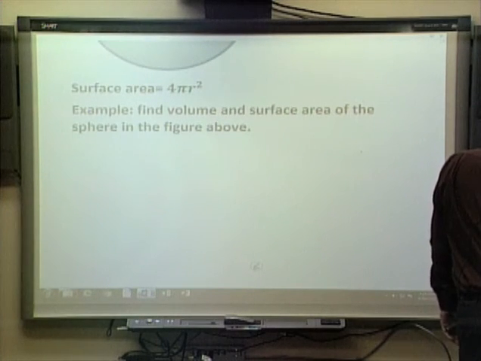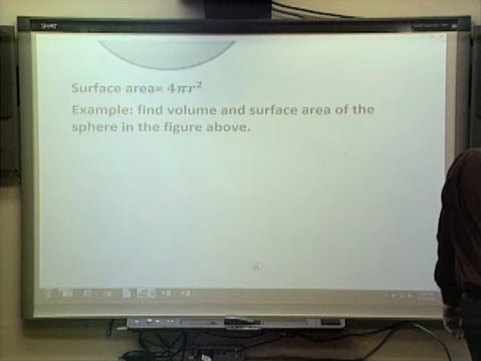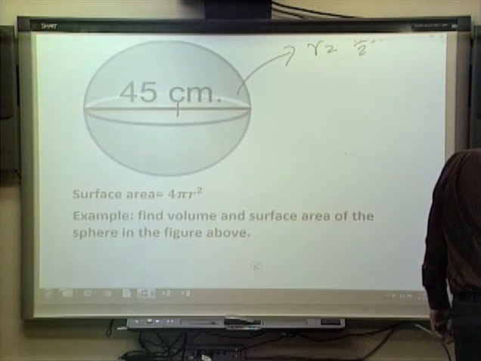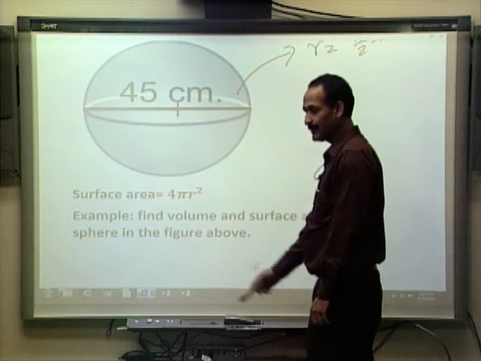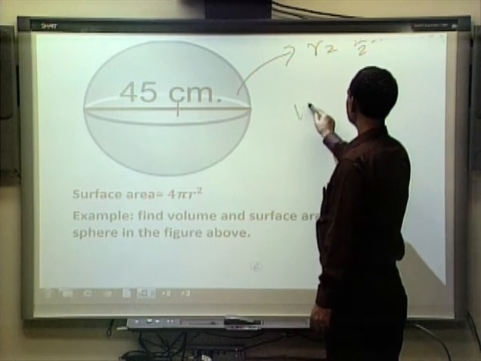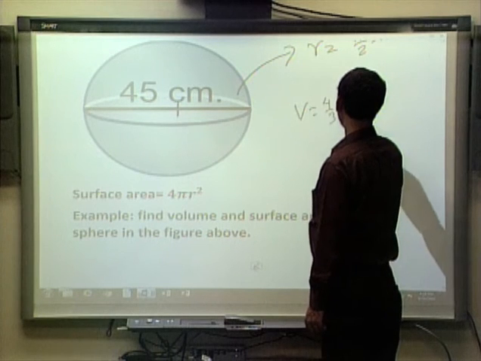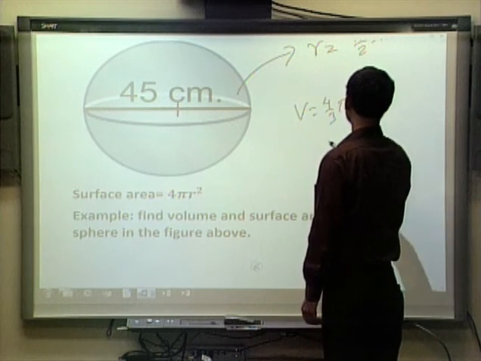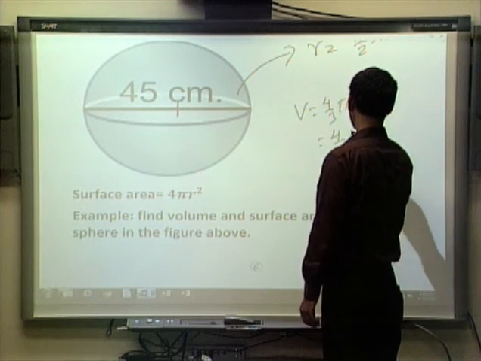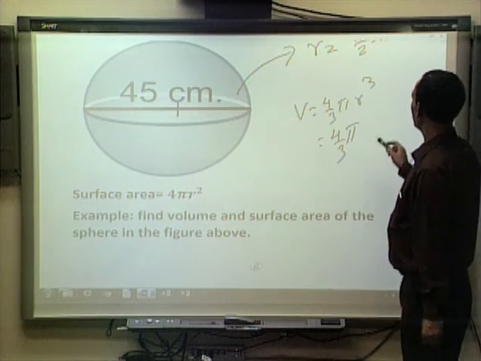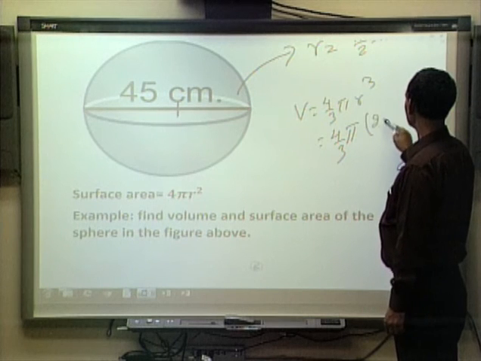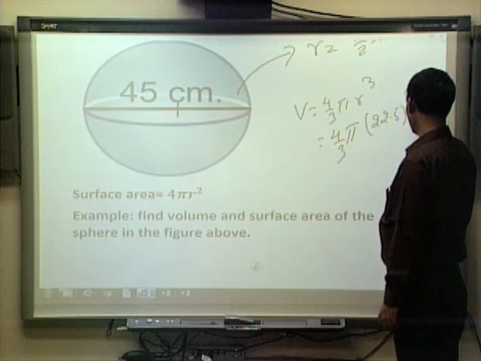So, the example: find the volume and surface area of the sphere in the figure above. So we want to find the volume and surface area of this. Volume is 4/3 pi r to the third. So this is 4/3 pi, which we can replace by 3.14, and the radius is 22.5 to the third.